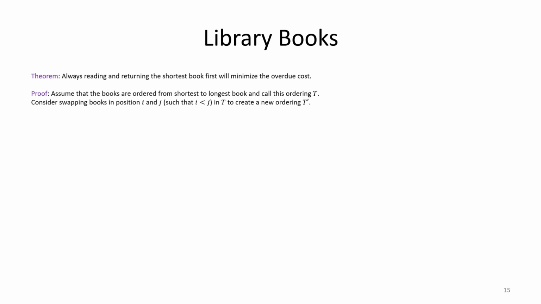Now, like we did in our previous one, we want to consider any other ordering. But any other ordering is sort of awkward to choose here. So what I'm going to do is imagine we change this ordering into another ordering, but one that's very similar to this one. And how we can do that when we're talking about permutations is with swaps, where if you swap any two positions in a permutation, you'll get a new permutation.